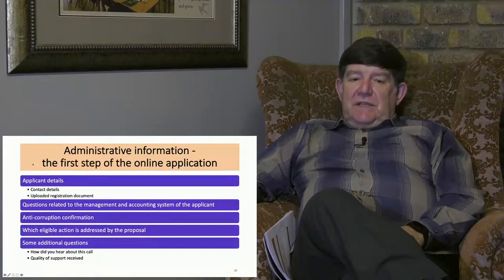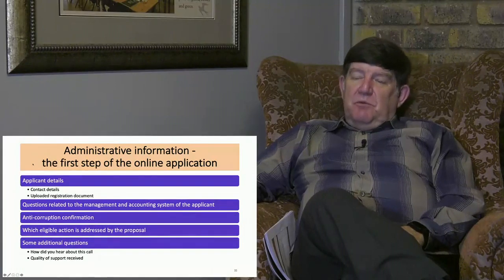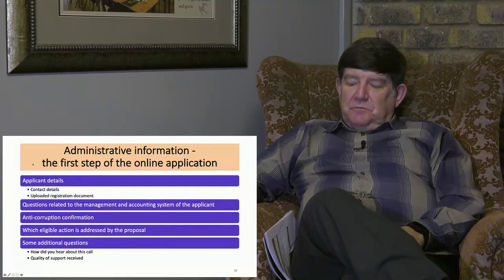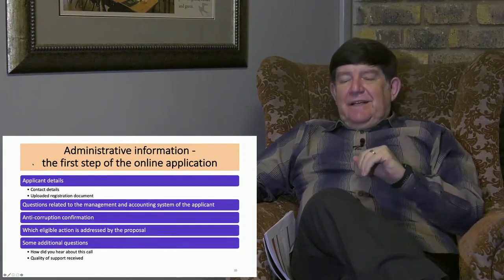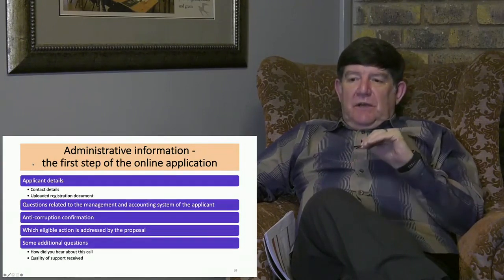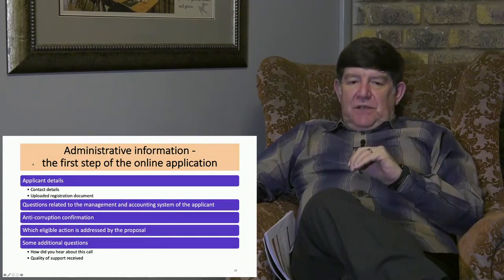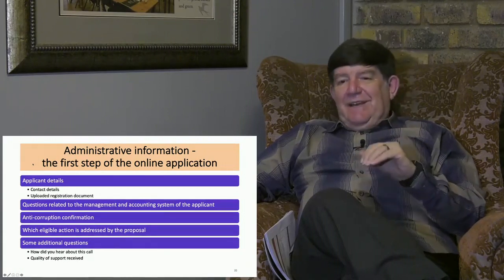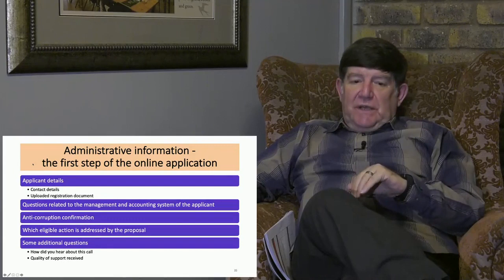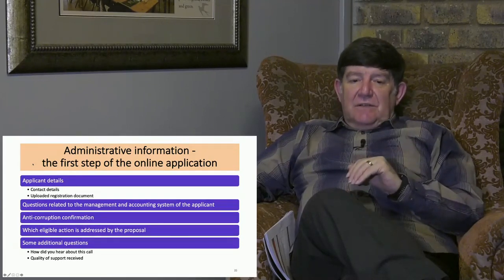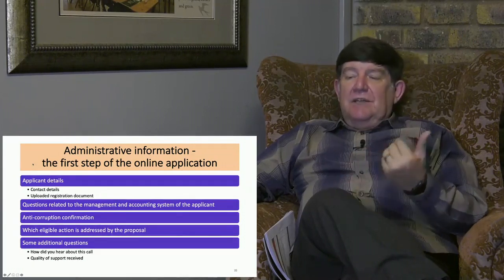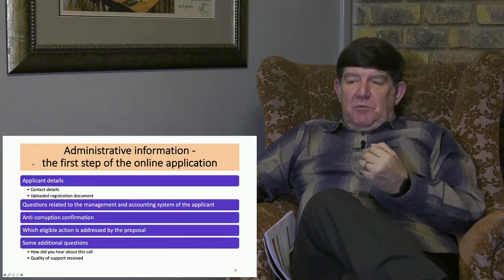Now, the administrative information, the first step of your online application. I'm now going to look at a little bit more of the detail required from the applicant themselves. There are some options and variances possible in this process. The first part is the applicant details, contact details, and we require your registration document.